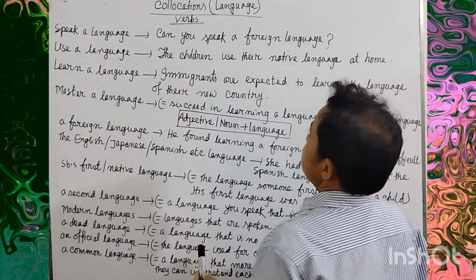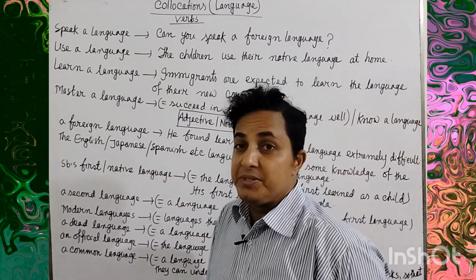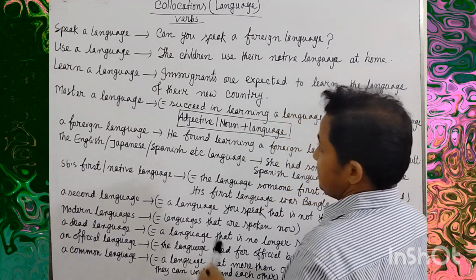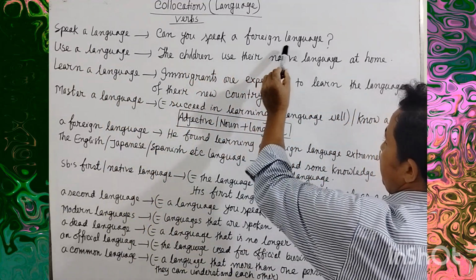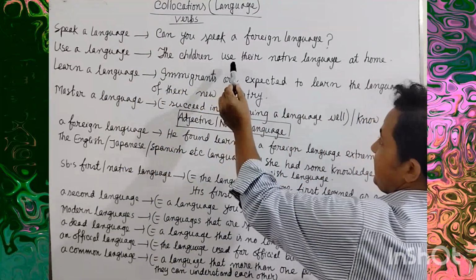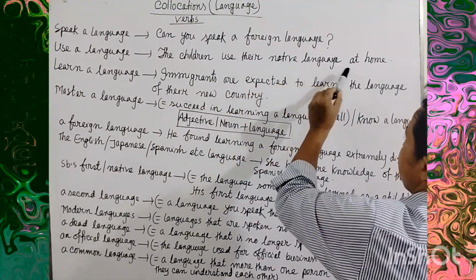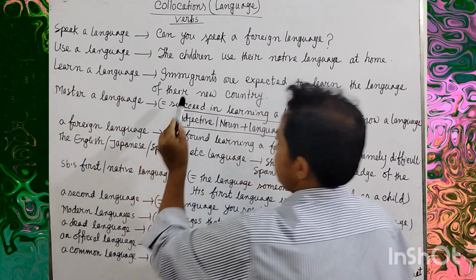As a verb, let's see what language means. If you want to use it with a verb, how do you use it? Speak a language. Can you speak a foreign language? Use a language. The children use their native language at home. Learn a language.